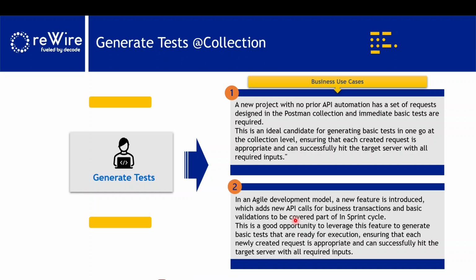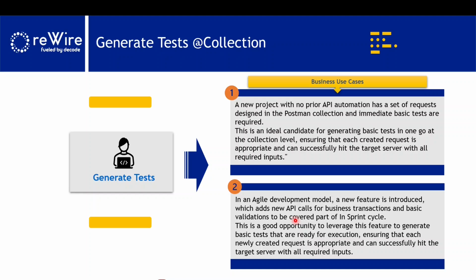In such a case, generate tests at collection level would augment the API test automation by generating the basic tests in one go with minimal effort. These are the two real world business use cases that I'm going to present in the next session as well, showing how we can implement it.